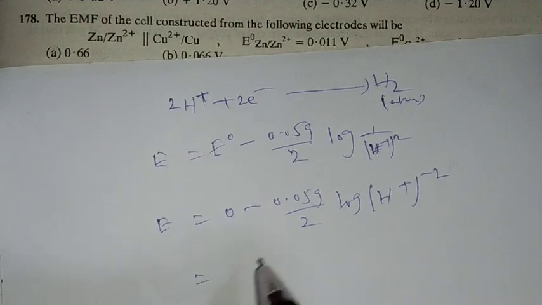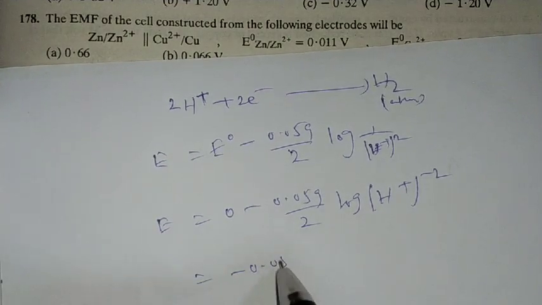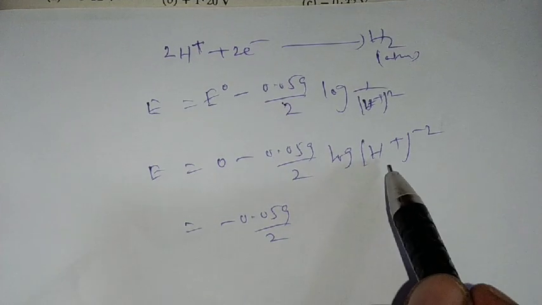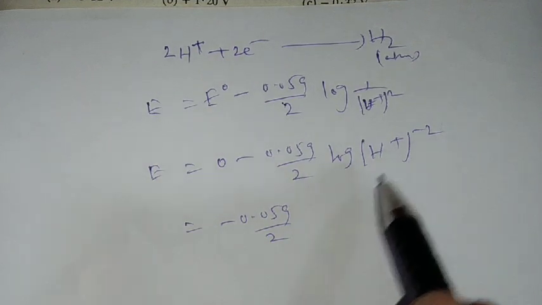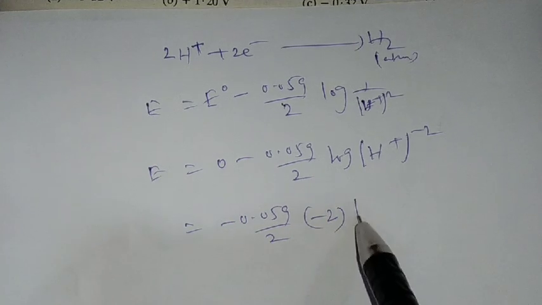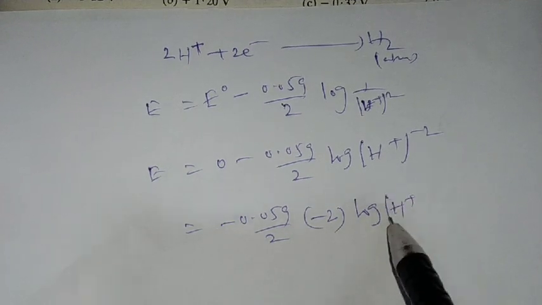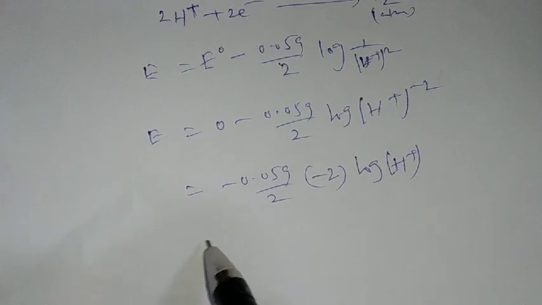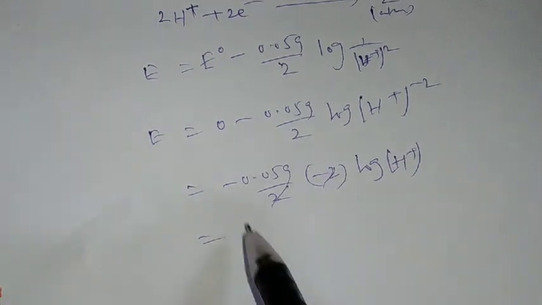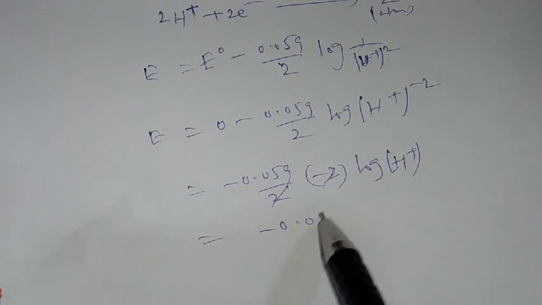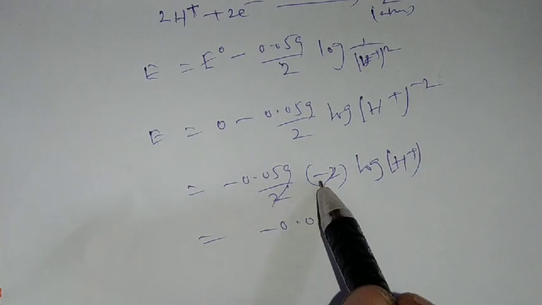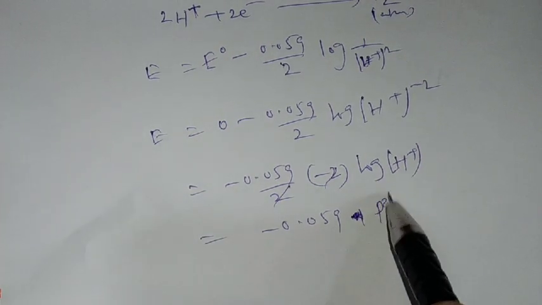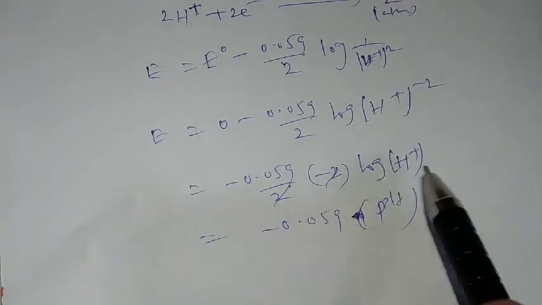Is it okay? Then what you get here, minus 0.059 by 2 into log x power m. You know this is the formula. That means we can write minus 2 log H plus. x power m is nothing but m log x. Now here 2 cancels, minus 0.059, minus log H plus is nothing but pH.